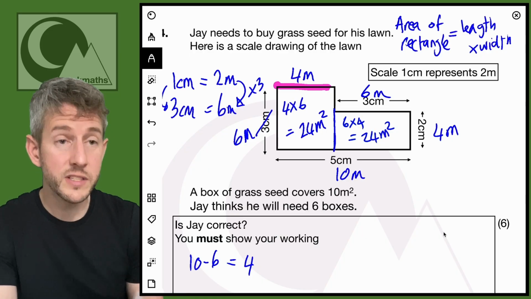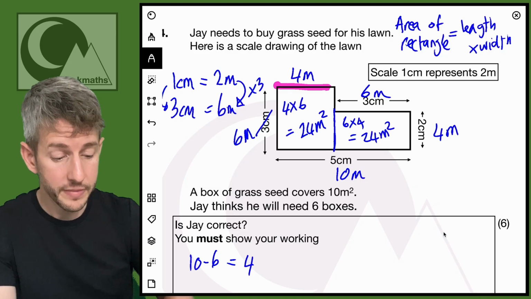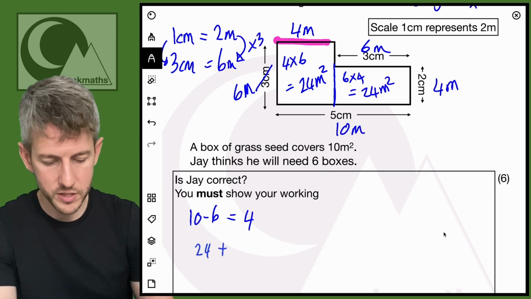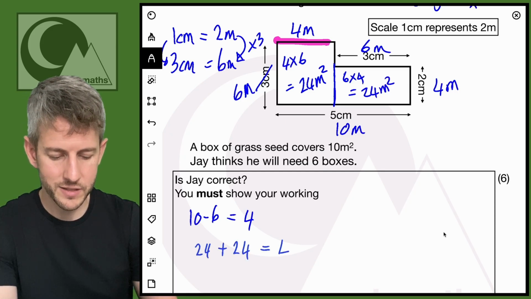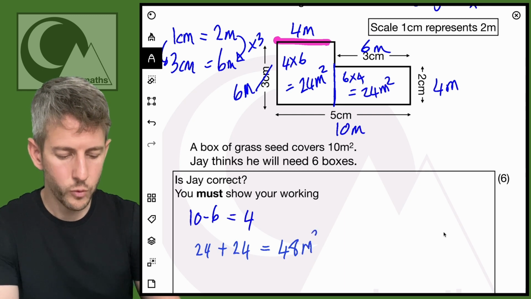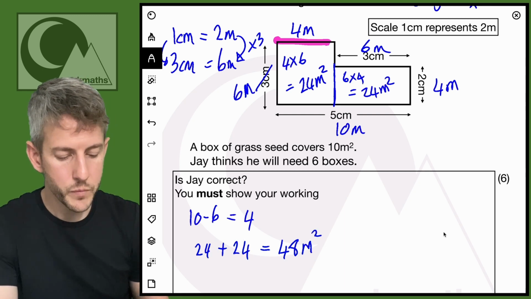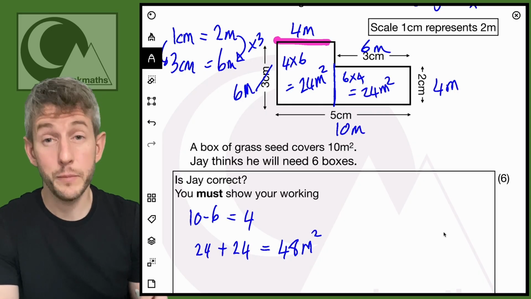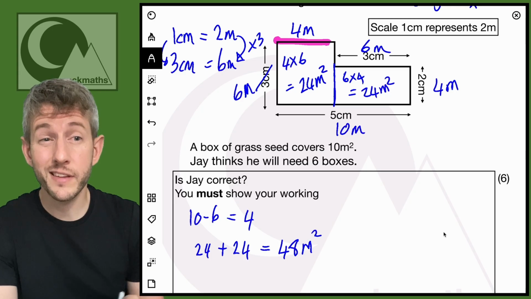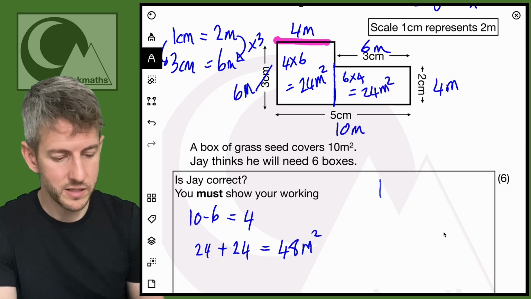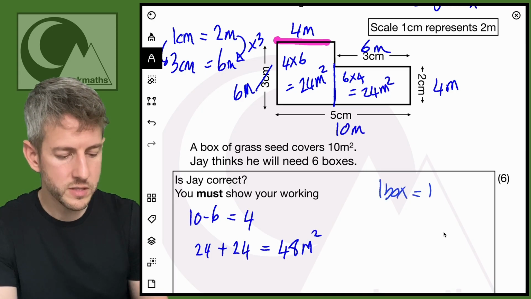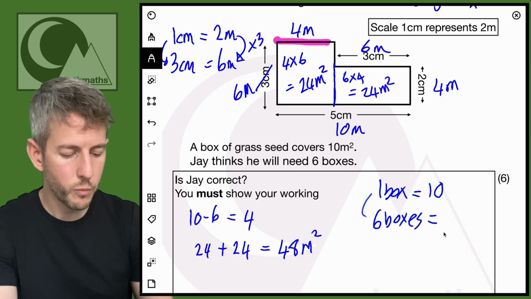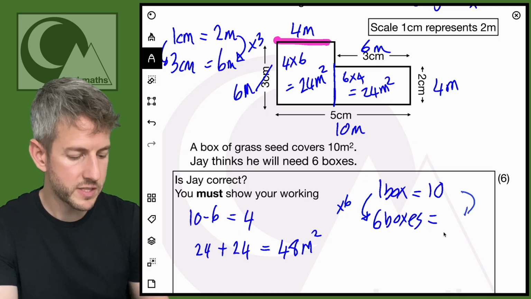So I can see that the total area of this shape is going to be these areas added together. So I'm going to do 24, add 24, and that equals 48 metres squared. A box of grass seed will cover 10 metres squared. Jay thinks he'll need 6 boxes. Is he correct? So, if one box equals 10, we've got 6 boxes. To go from 1 box to 6 boxes, we're timesing by 6.